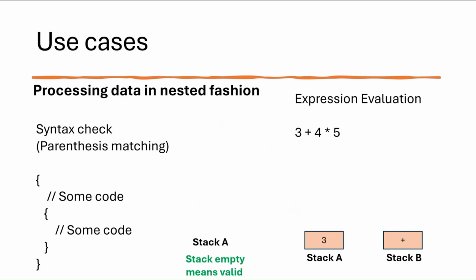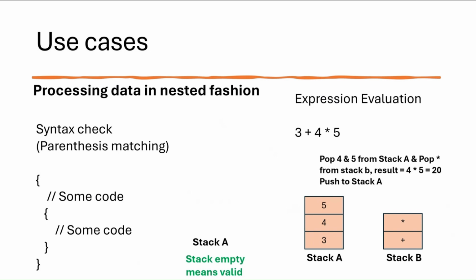So it will parse, put 3 and plus there, put 4 here, put multiplication here, and put 5. Once the processing is done, it will remove the 4 and 5 from stack A, which are operands, and remove the star from stack B, which is the operator, and it will compute the result and push it to stack A, right?